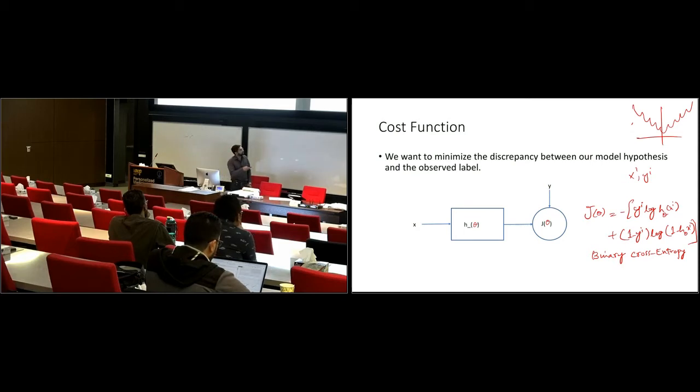And again, it depends on the log of h theta of xi, which is a probability, so it is between 0 and 1. So if I want to plot the log of a function between 0 and 1, can somebody help me? Let's say I have x here and I want to plot log of x between 0 and 1. As x approaches 0, what is the value of log of x?